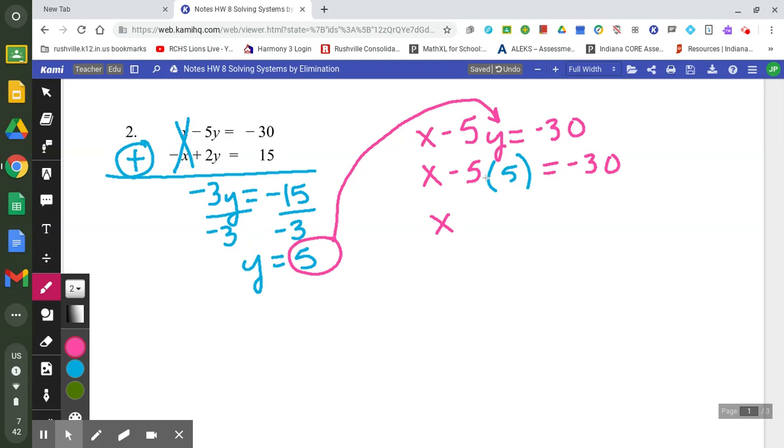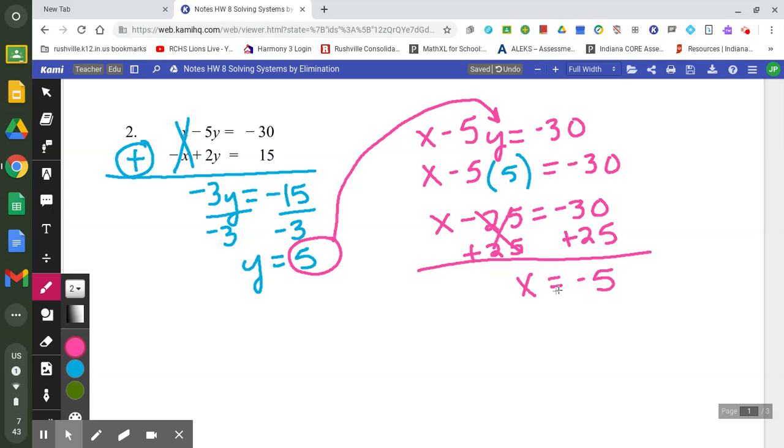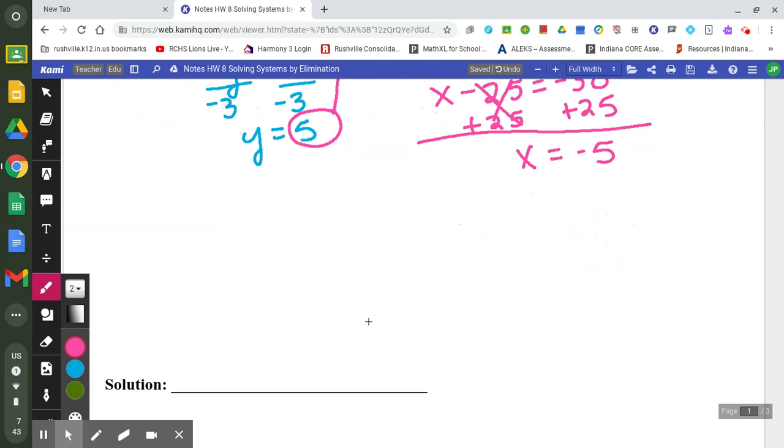So x, and I've got negative 5 times positive 5, negative 25, equals negative 30. Add 25 to both sides of the equal sign. Those cancel. X equals negative 5. And then when I write the answer in the blank, the x value goes first, which I found second, but it goes first, negative 5, and then the y value is 5.